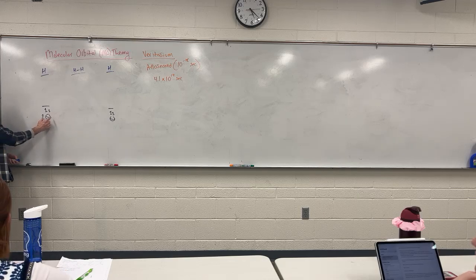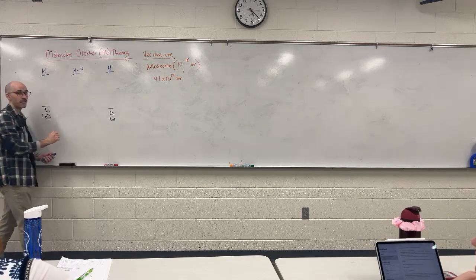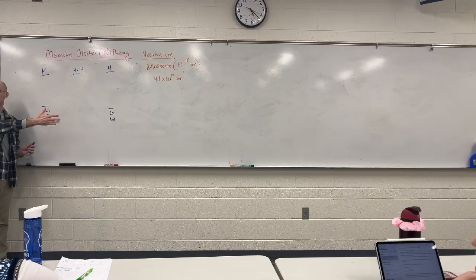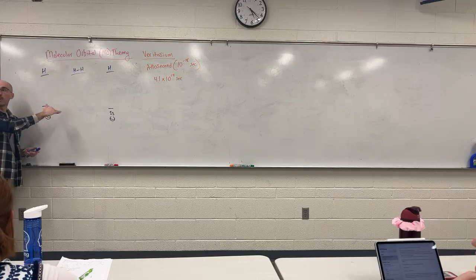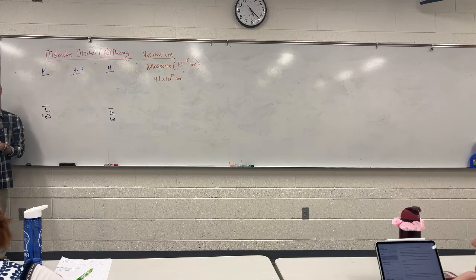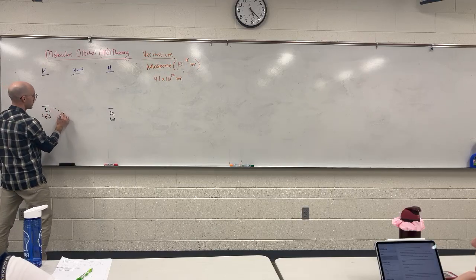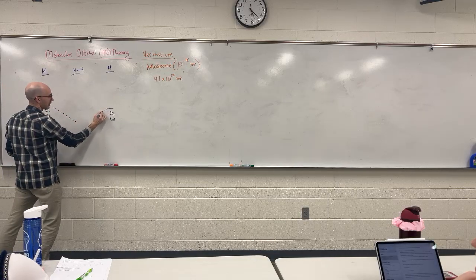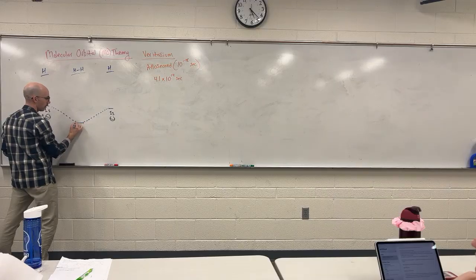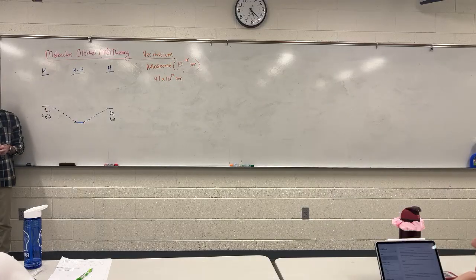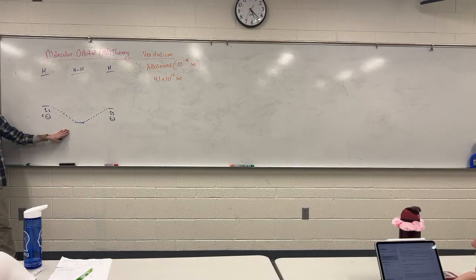We say that if we take both of these while they're in phase, that is, they're both plus, unshaded, or they're both minus, shaded, we get constructive interference. And this actually lowers the energy of the resulting orbital. The new orbital formed is lower in energy than the old orbital.